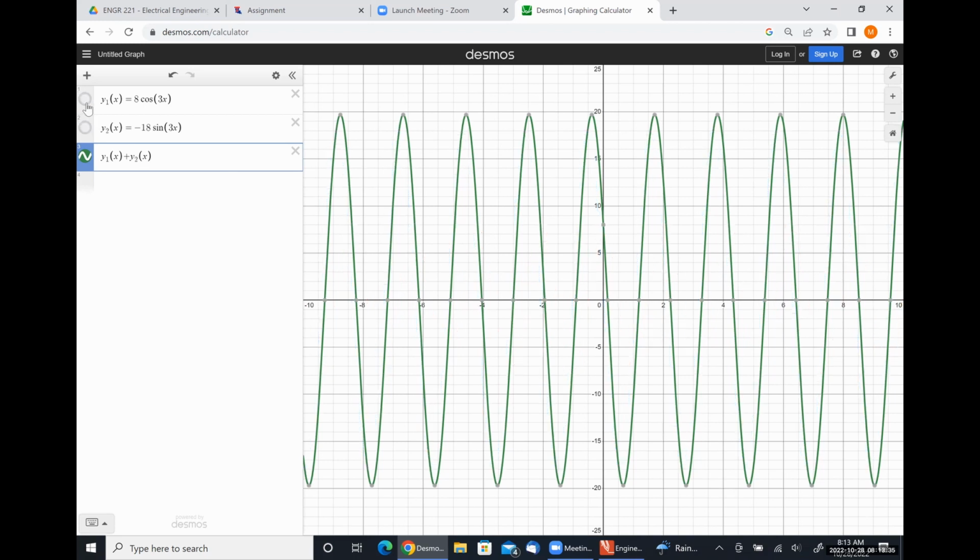And now I'm going to turn those things off. So what does this look like? A single sinusoid. So there is a way that we can take that sum of sinusoids and express it as a single sinusoid with a particular magnitude and a particular phase angle.